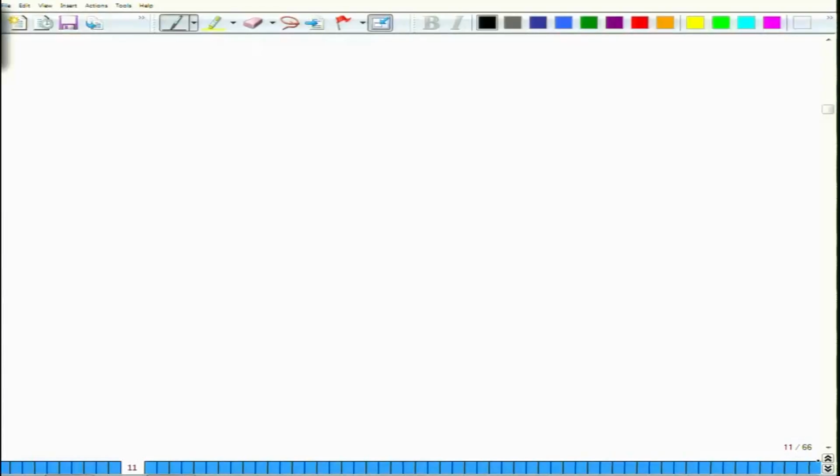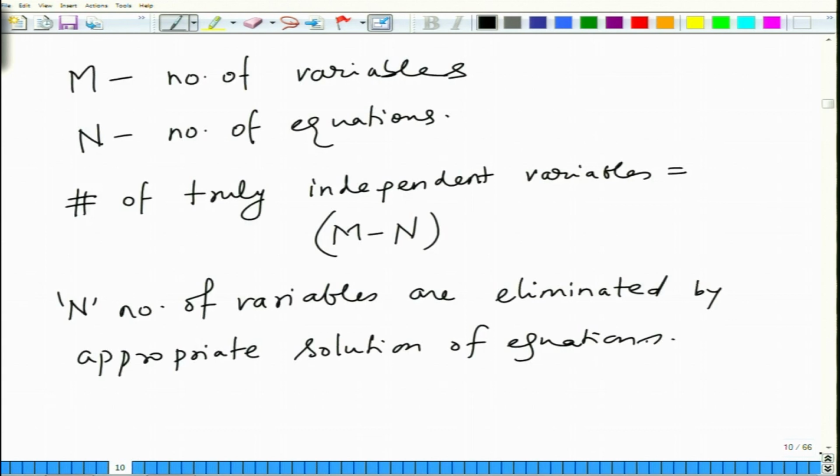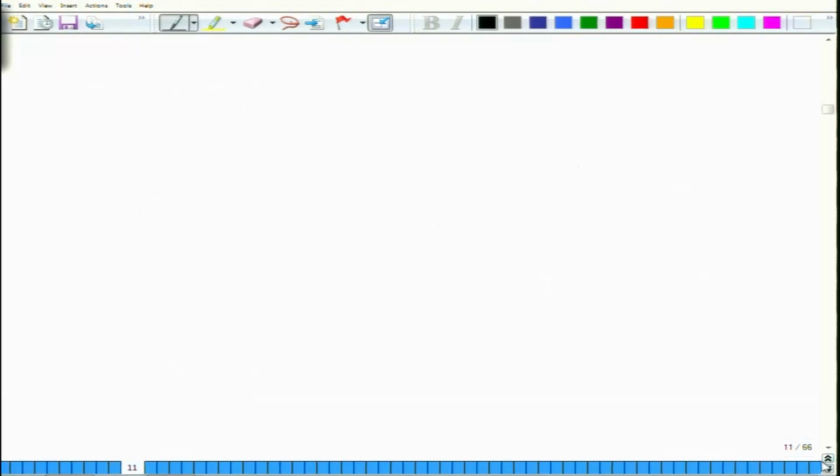So let me give you an example. By this definition, if you have m equal to n, it means that you have a unique solution available for a given set of equations. So let's take an example. We have 3 variables and 2 equations.